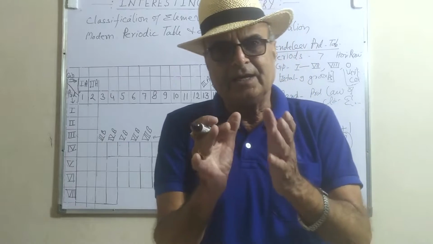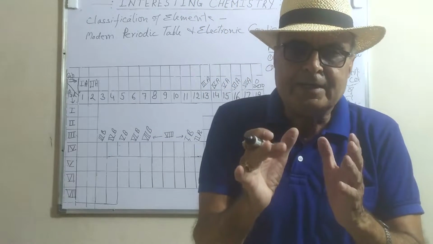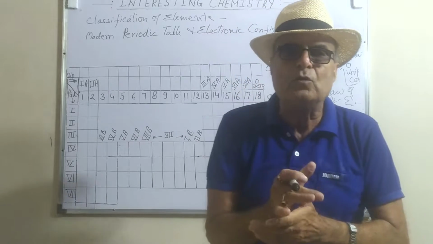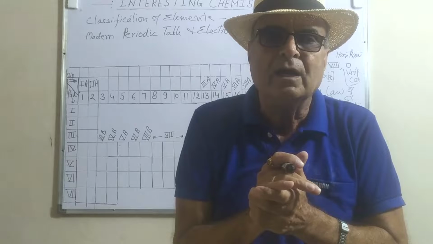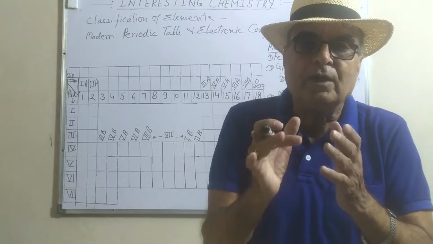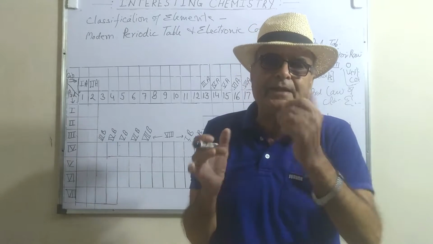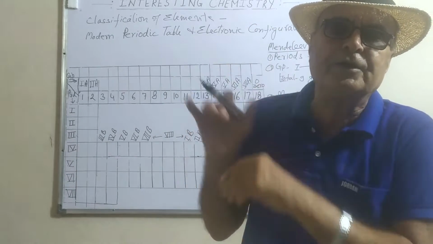But there is something more that you should know about. The Mendeleev periodic table was based on the Mendeleev periodic law, which he used to form the Mendeleev periodic table.